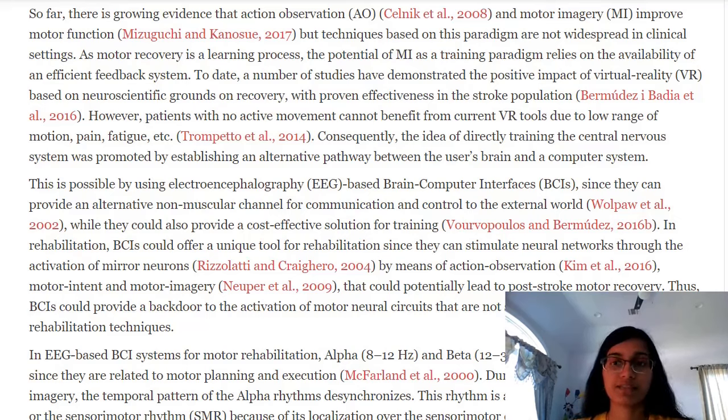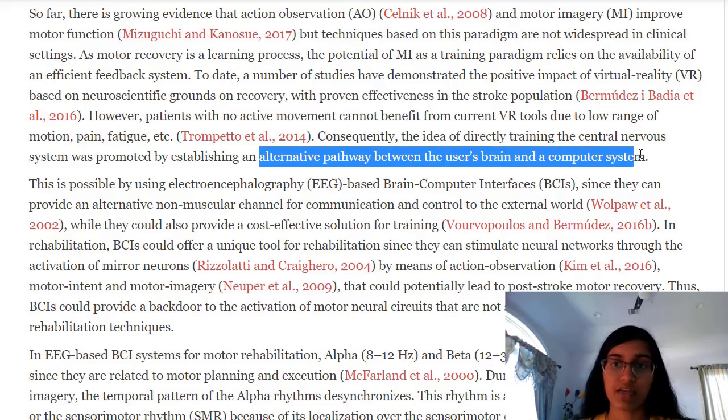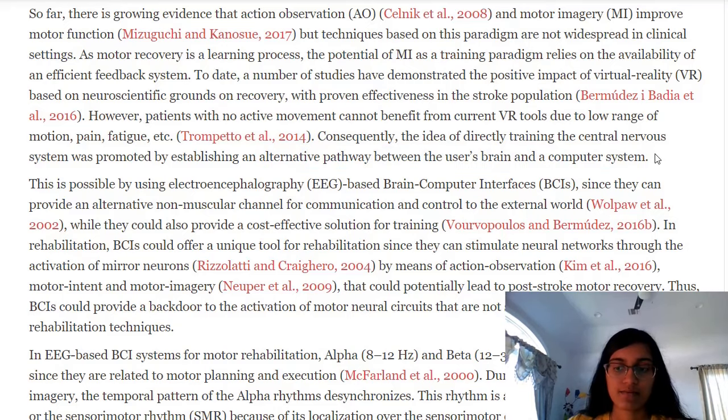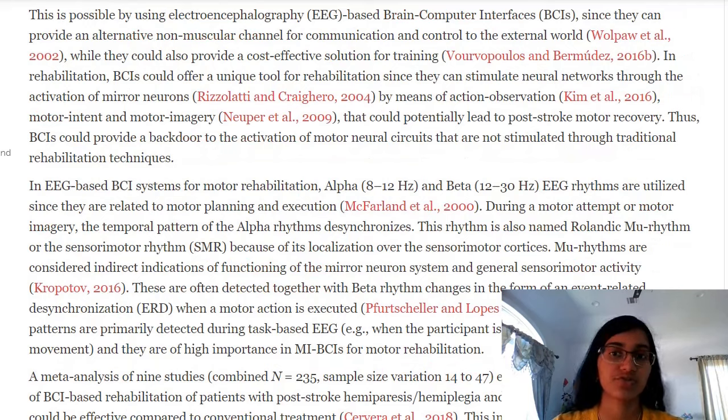So therefore, you need some way to directly train the central nervous system, and they say this was promoted by establishing an alternative pathway between the user's brain and a computer system. And here they finally introduce BCI VR systems, which they were discussing in the title. They say this is possible by using EEG-based brain-computer interfaces, since they can provide an alternative non-muscular channel for communication and control to the external world, while also providing a cost-effective solution for training.